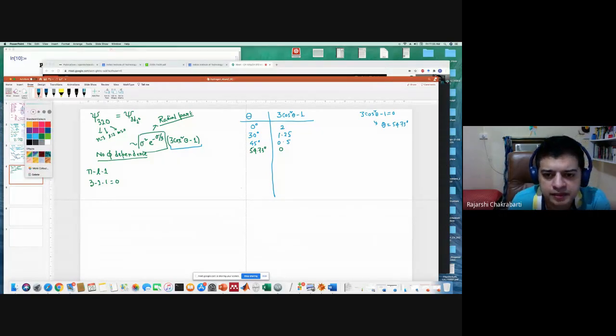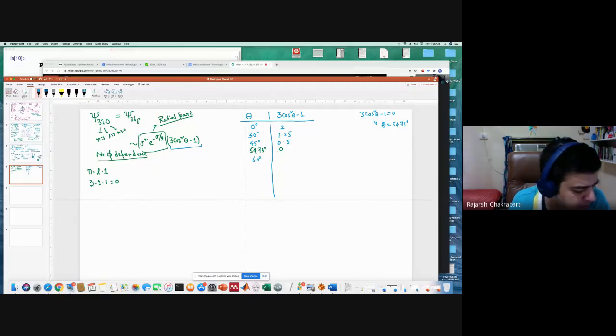What about the 60 degree? Can anyone tell me? Otherwise, I'll tell you. It's minus 0.25. It becomes negative. 90 degree, cos 90 is 0, so it becomes minus 1. Then 120 degree. Any idea? 120 degree is again minus 0.25.